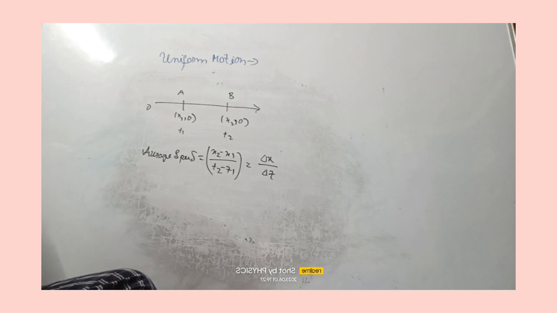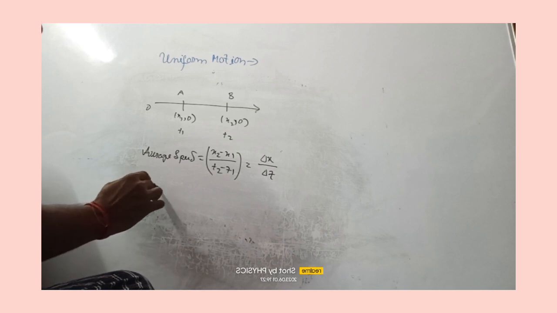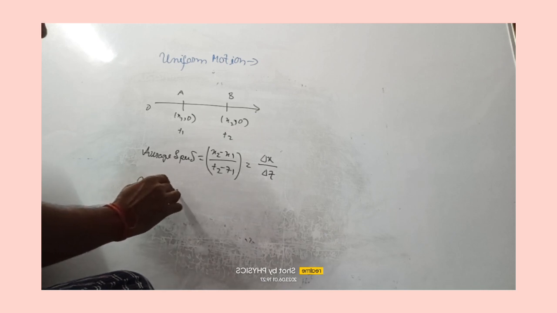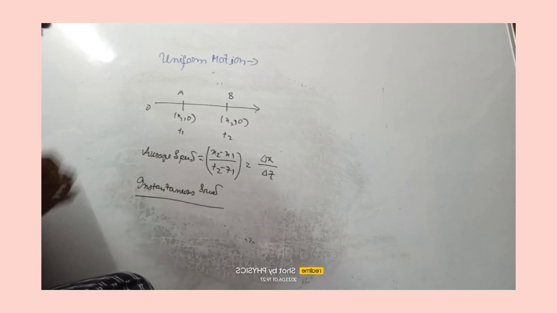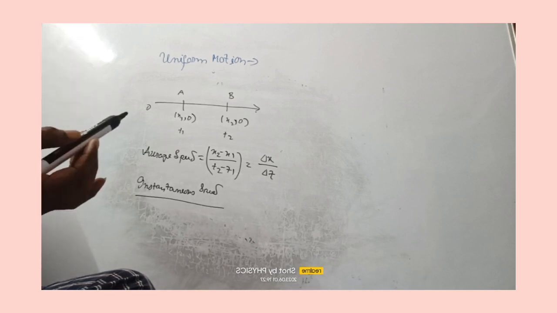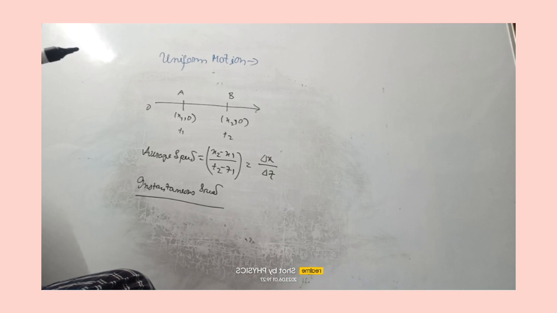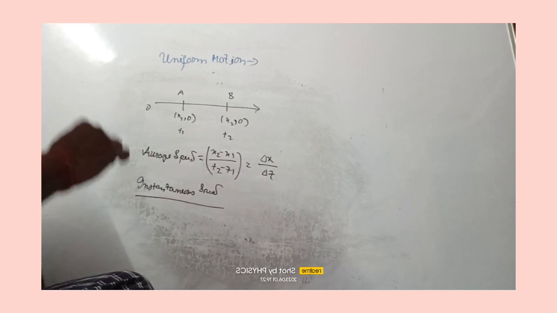Now what is the instantaneous speed? Along the path of the motion, we consider a point at which the speed we obtain is called the instantaneous speed. That is, instantaneous speed is the limiting value of average speed.